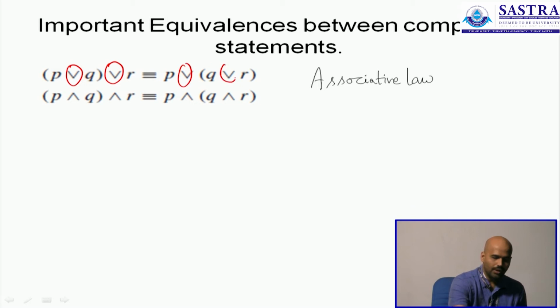Then the order in which you perform the operations will not affect the answer. I am not saying you are flipping the order, you are not changing the order, but you combine a different set of statements and then proceed with the final result. In that case, the answers do not change.